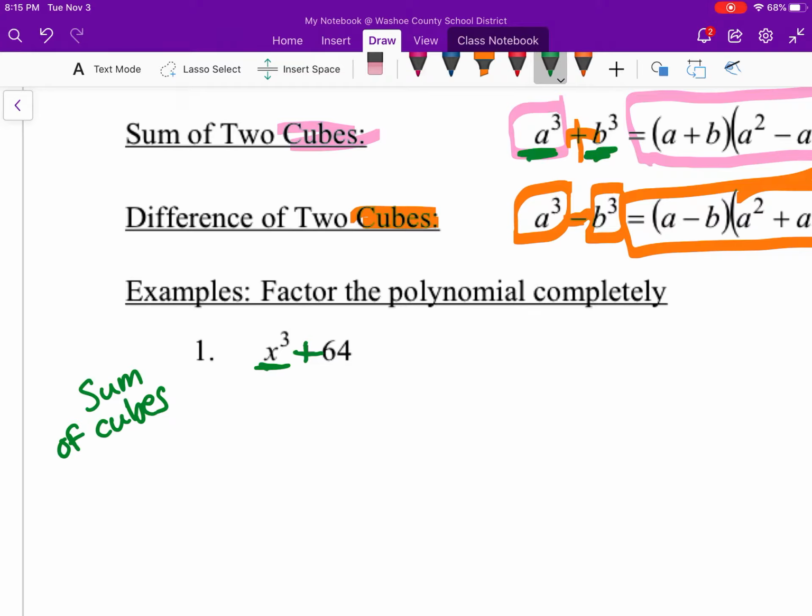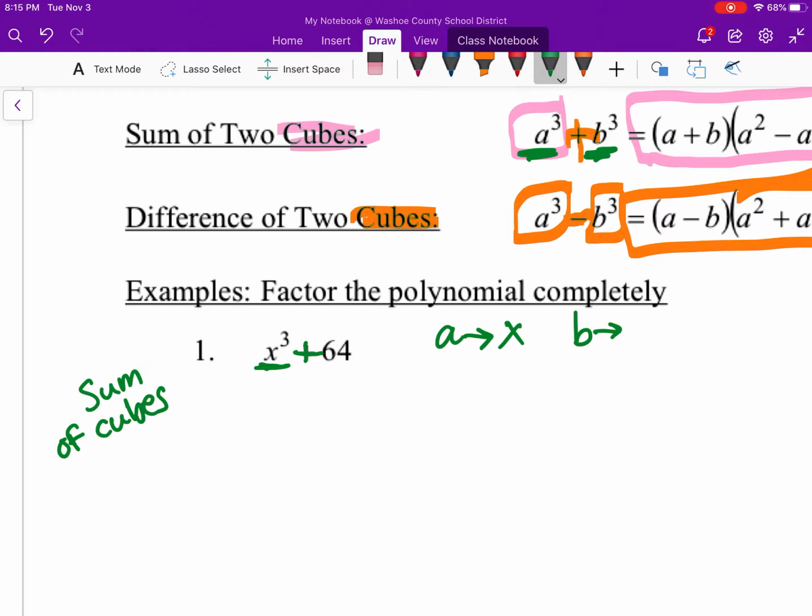Okay, so I have to first identify what my A and my B are. Okay, so I want to identify A cubed. A for me is going to be x, because if I were to substitute in an A here, this is part of my formula, A cubed. Okay, so A comes out to be x for me in this case. And then my B, so plus what cube? So I have to figure out what the cube root of 64 is.